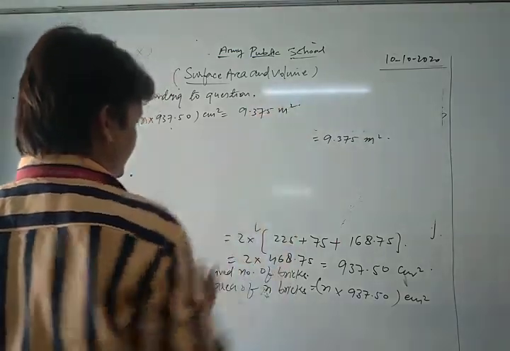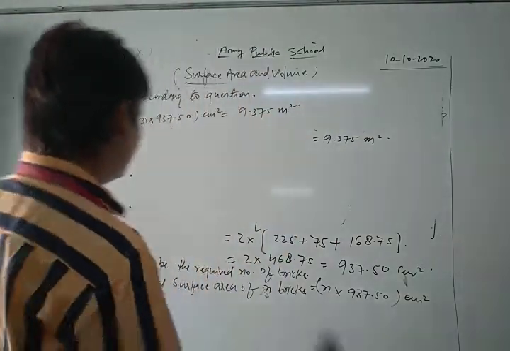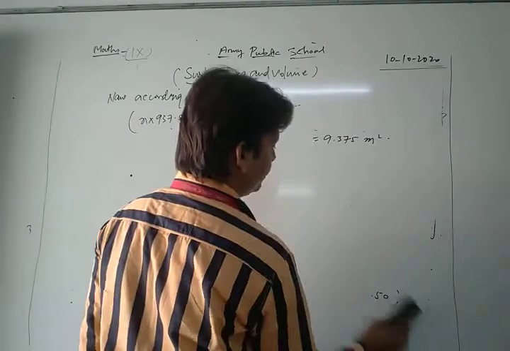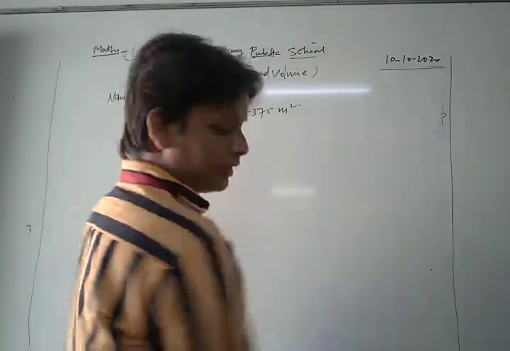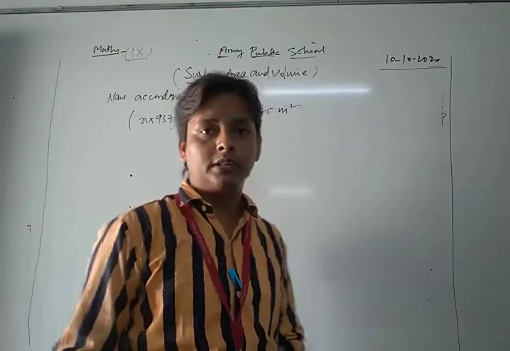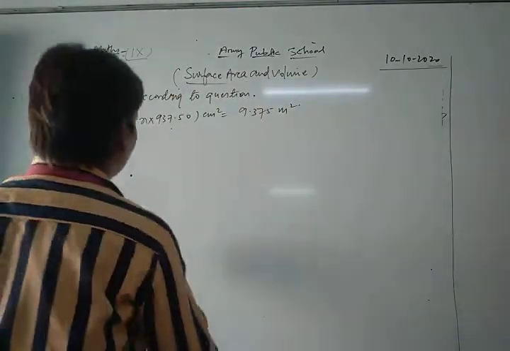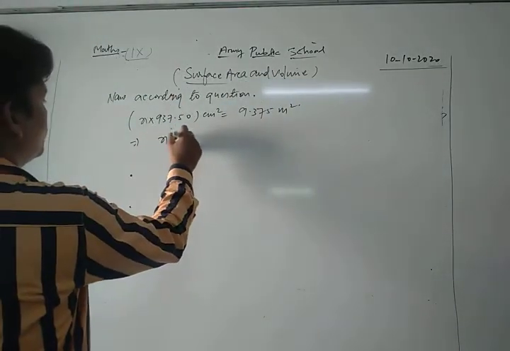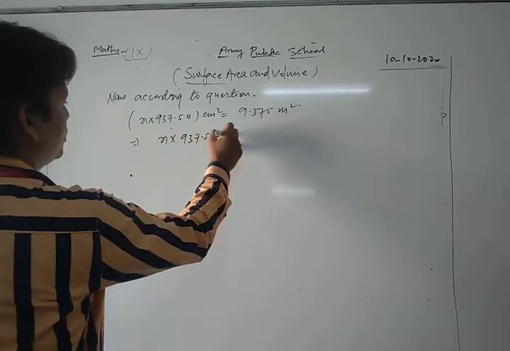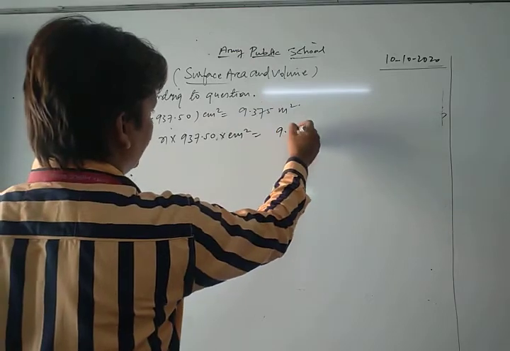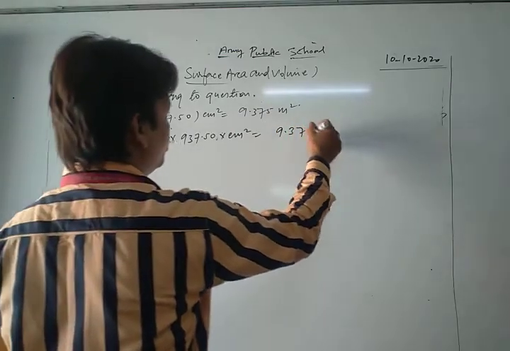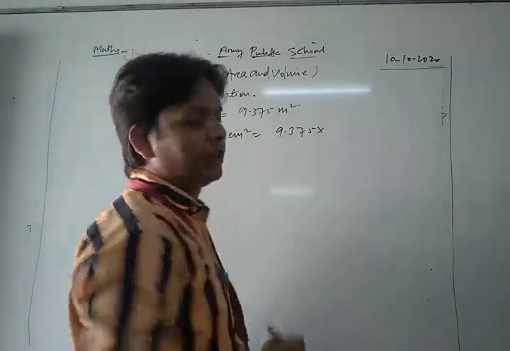9.375 into meter square. Now dear student, before simplifying them, first of all we convert into equal units. We convert to the same units, so we can write n into 937.50 into centimeter square, and here we write 9.375 into how many centimeter in 1 meter.